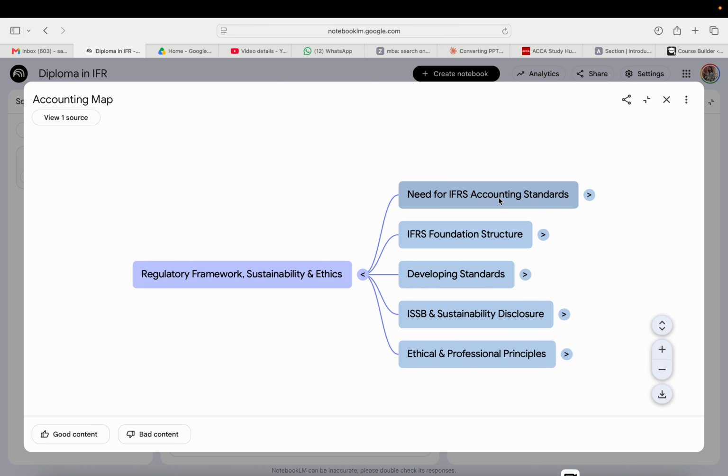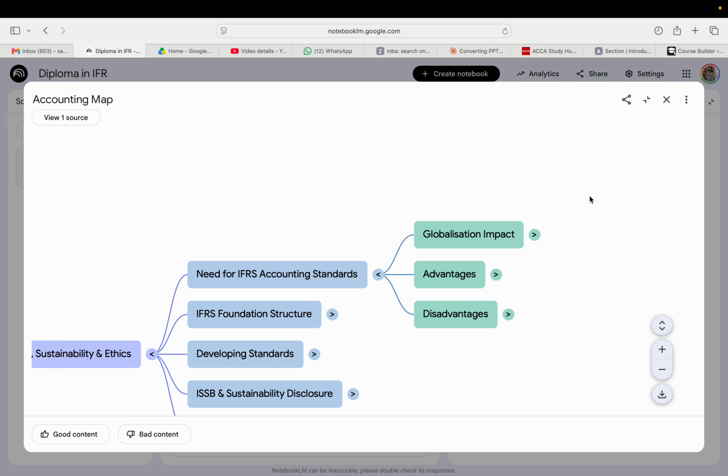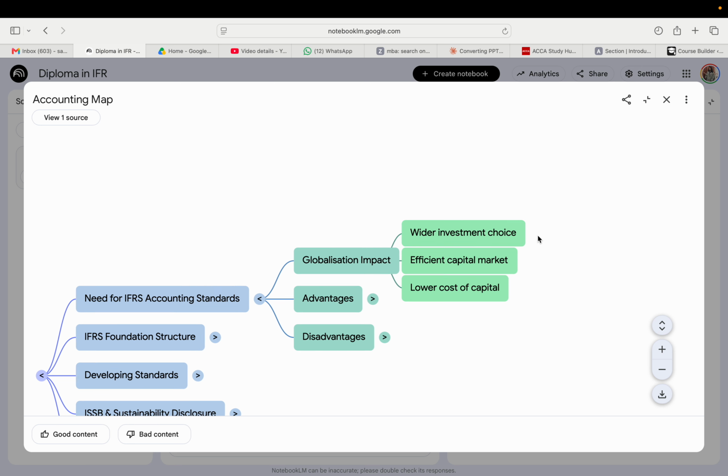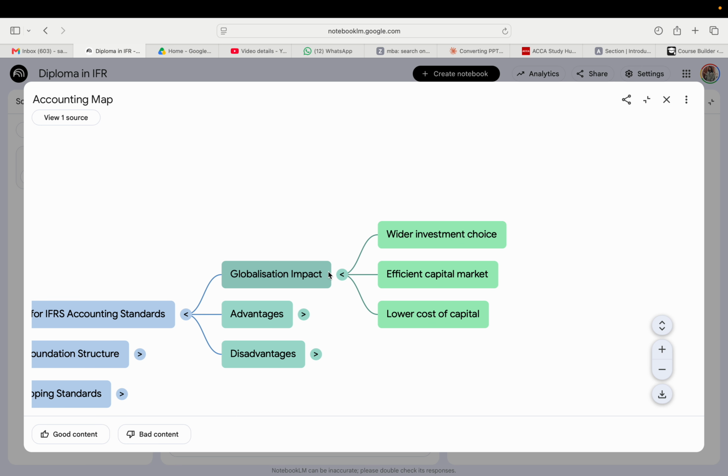First is, why do you need IFRS accounting standards? So we'll go further. Then, because now there is globalization, the impact of globalization. Because of globalization, now an investor has a wider investment choice. They want an efficient capital market where they can invest, and it will lower their cost of capital.